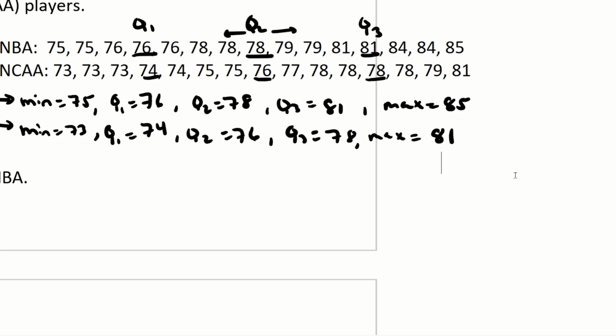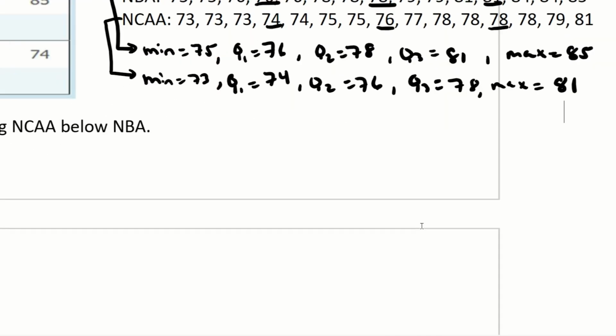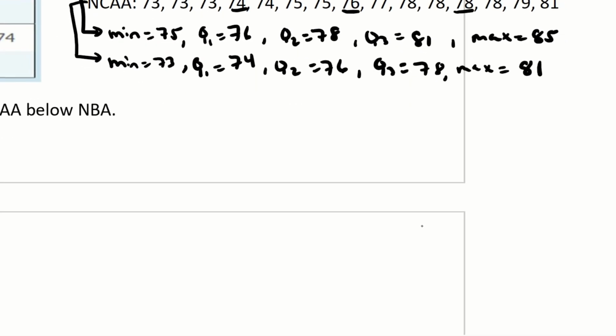So now we're going to go ahead and draw the box plot. The smallest is around 70-ish, the largest around 80-ish, 85 or so. We can probably go by ones, from 70 to around 85 or so.